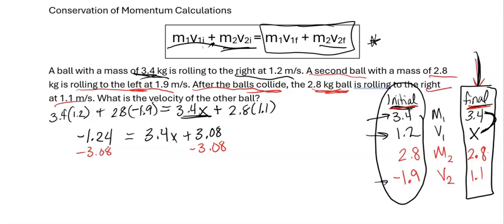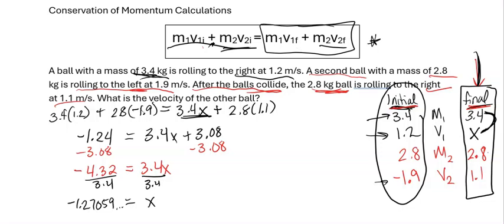And that gives me a negative 4.32 is equal to 3.4x. Then I'm going to divide by 3.4, and that gives me x equals negative 1.27059.